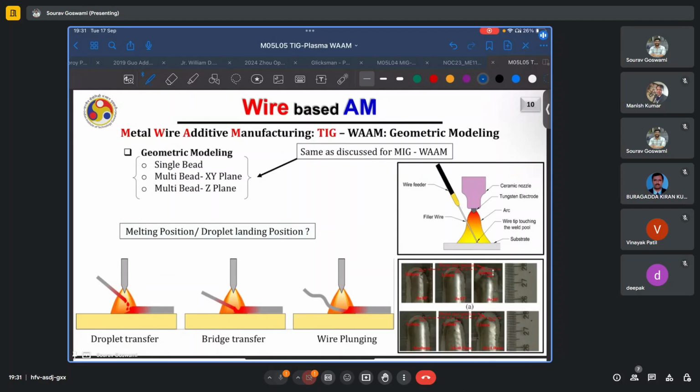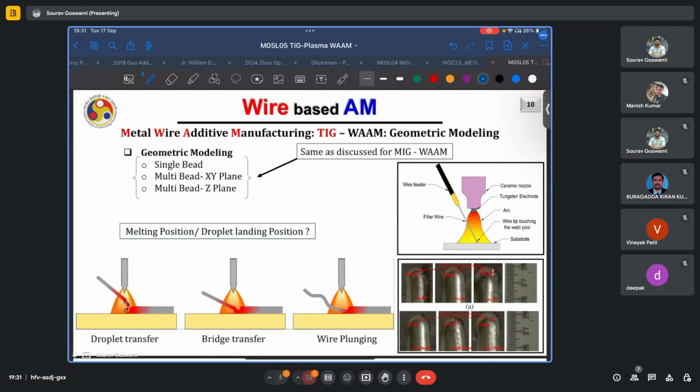However, additional considerations come into the picture when we are talking about the exact position at which the molten droplet of the wire which is being fed from the side will land. Will it get transferred in the form of these small droplets as shown here? These discrete droplets may fall on the substrate, may splatter away, or may not get deposited uniformly.